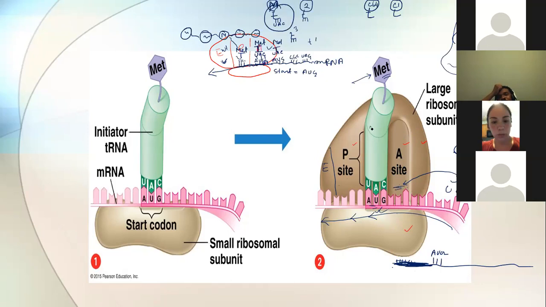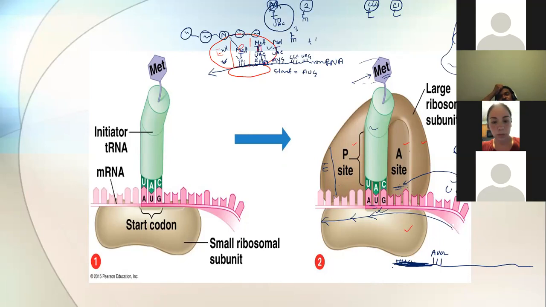The P site is the site where our tRNA is going to release that amino acid. And the E site means exit. When codons are over there, it means they have already been read by the ribosome and the tRNA.